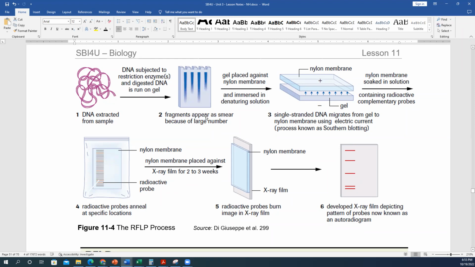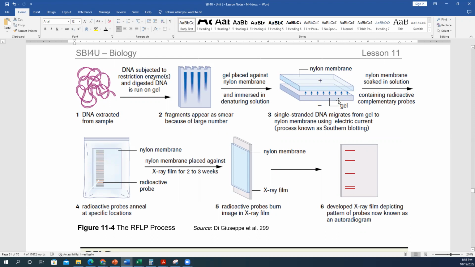And so then what you do to be able to see those fragment patterns and make a more permanent record of this fragment pattern, you have a nylon membrane that you place over the gel, and the DNA fragments in the gel will move from the gel onto the membrane when an electric field is applied. You soak this nylon membrane in a solution that contains a radioactive complementary probe.